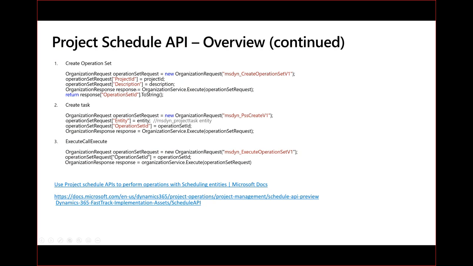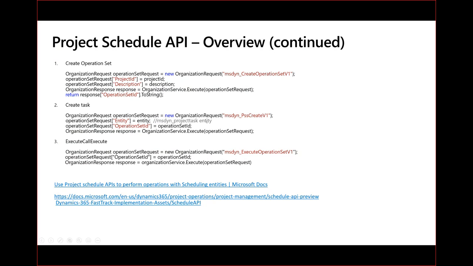And if we execute it, we get a GUID. Then we're going to create, for instance, PSS create task. We can add a new project task to our operation set. So parameter 1 is an entity, parameter 2 is the operation set, and the execute will tell us if that is accepted as a request or not.